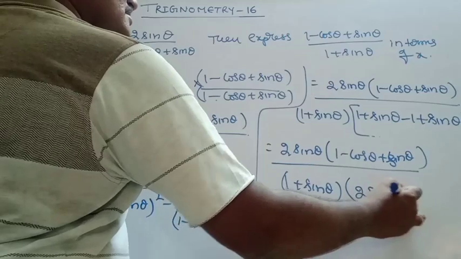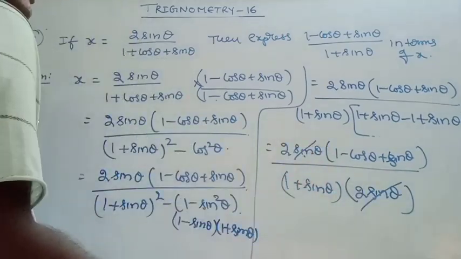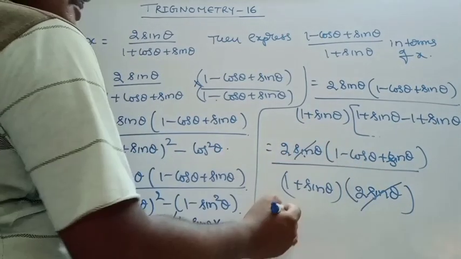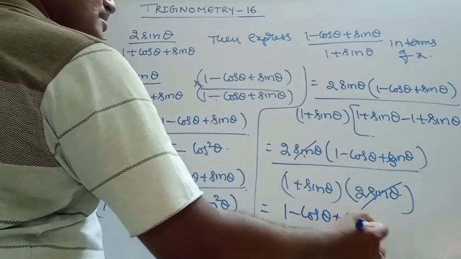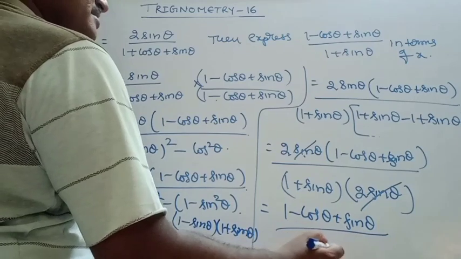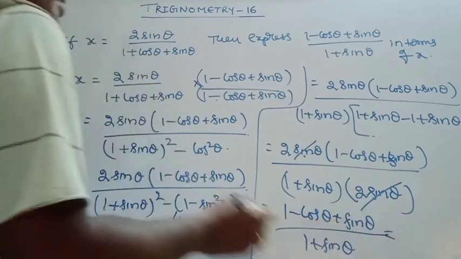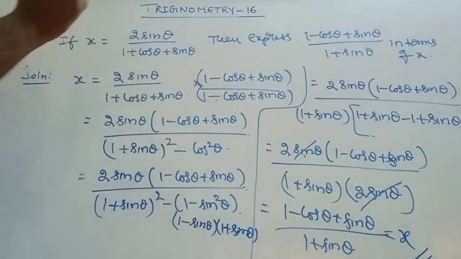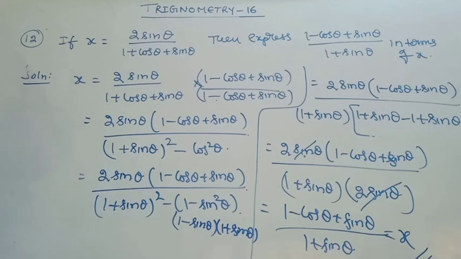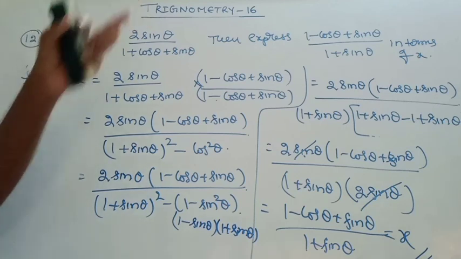Now this 2 sin theta will be cancelled, and you have 1 minus cos theta plus sin theta by 1 plus sin theta. This is nothing but what you have taken as x, the same x. 1 minus cos theta plus sin theta by 1 plus sin theta is nothing but the same x. If this is x, that is also x.